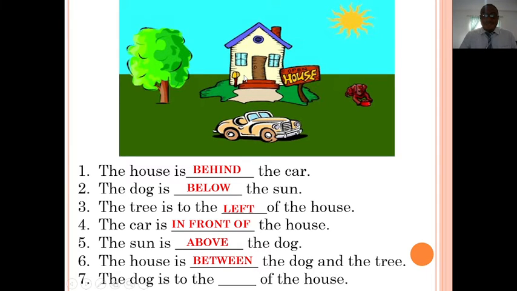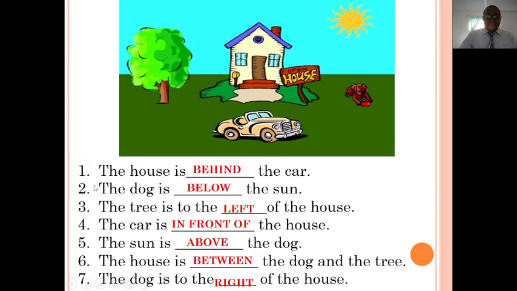Number 7. The dog is to the of the house. So where is the dog? Let's look at the house and the dog. So the dog is to the right of the house. The dog is to the right of the house.